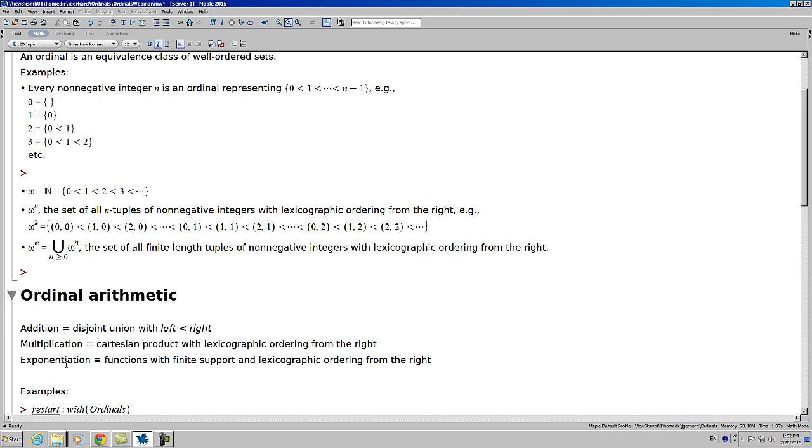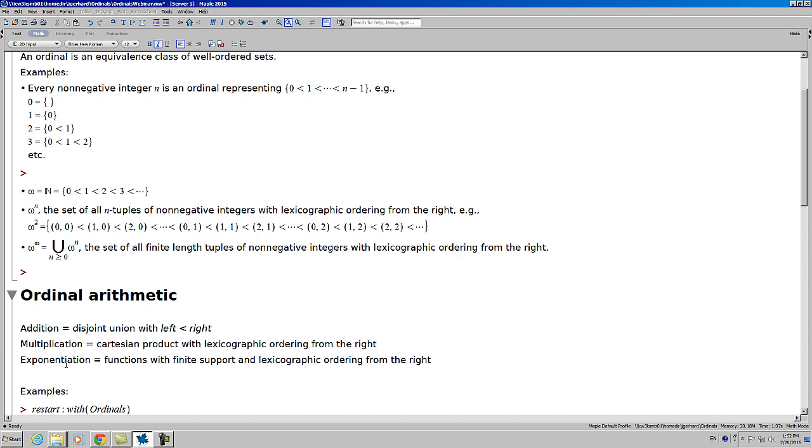So even if they happen to have the same elements, we artificially make them distinct, for example, by introducing indices or something like that. And the addition is not commutative, so whatever is added on the right, by default, all of the elements of the component on the right are strictly greater than all of the elements of the component on the left.